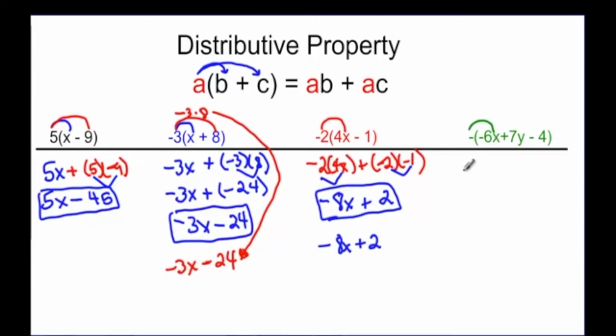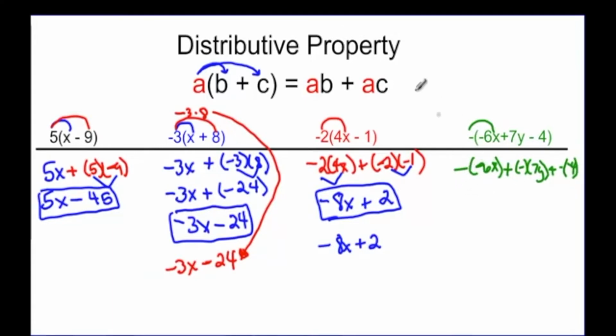A negative times negative 6x. So it's a negative times negative 6x. I'm going to write it all out here. Plus a negative times 7y, plus a negative times negative 4.